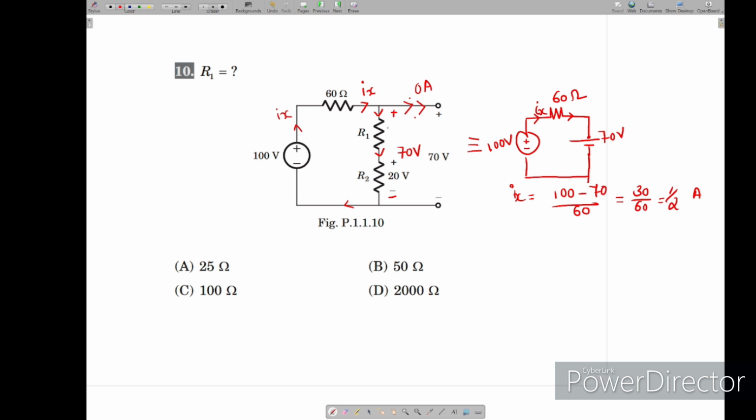So 0.5 amps is coming here. So this is also 0.5 amps. So 0.5 amps times R1 and 20 volts. So 0.5 amps is going like this.